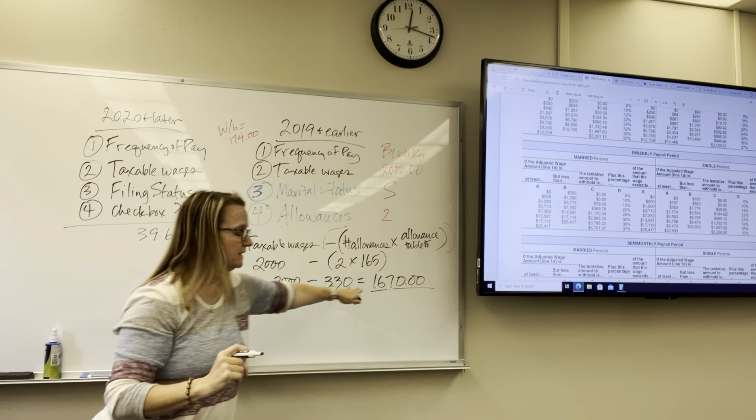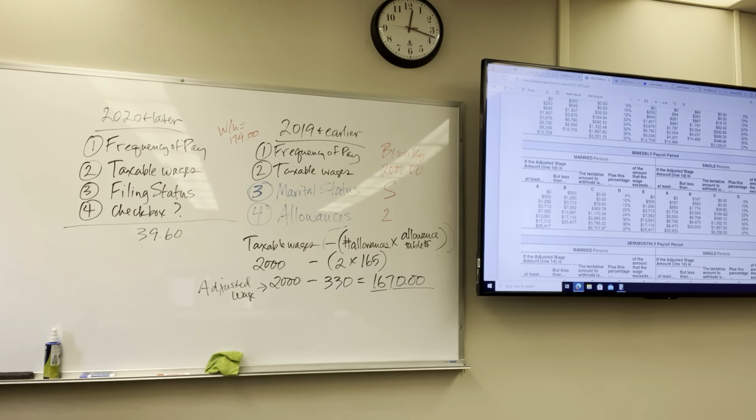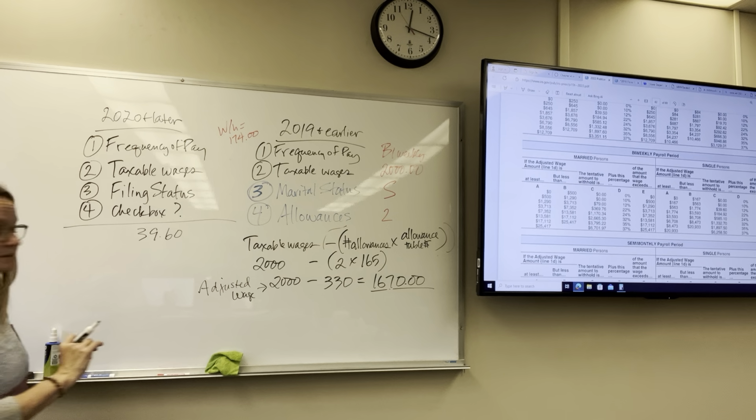And then we're going to calculate 12% of the amount over 563.